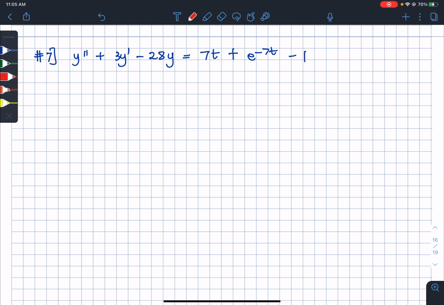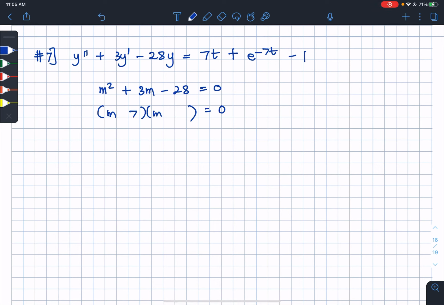Let's have the last one. So y double prime plus 3y prime minus 28y is equal to this one. So what case is this? So, okay. m squared plus 3m minus 28 is equal to 0.